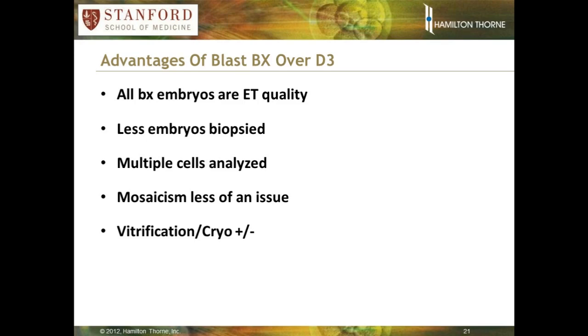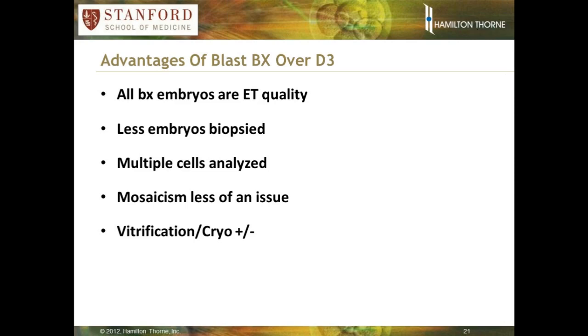First and foremost, one of the salient advantages of biopsying the embryo at the blastocyst stage is that the only embryos being biopsied are those that are embryo transfer quality. It is very relevant nowadays where array-based technology is being used, where there is essentially a cost per embryo after a certain point, both on a monetary or fiscal level as well as a practical level for the laboratory.